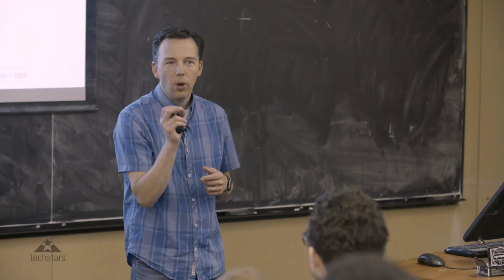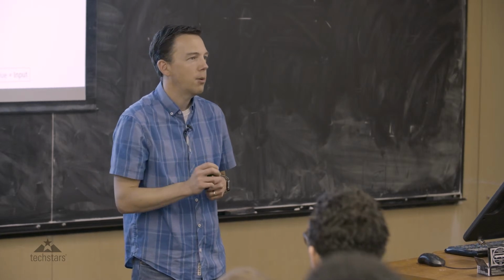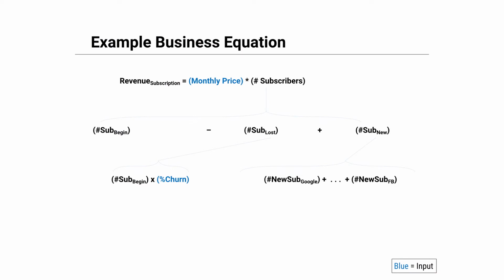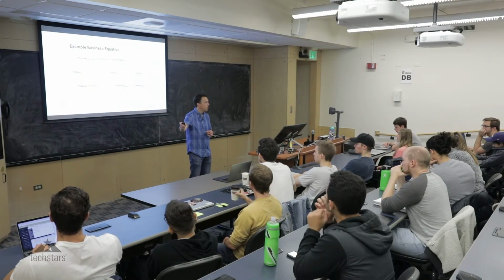And then we figure out what are the various channels that we're going to try to get new subscribers onto the system here. So if we think of subs current times % churn, so that's how many are falling off, that's a negative number if you represent churn negatively. Then new subscribers through the Google channel, new subscribers through the Facebook channel, new subscribers through brick and mortar channels.